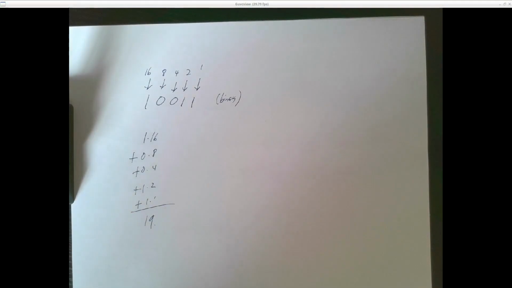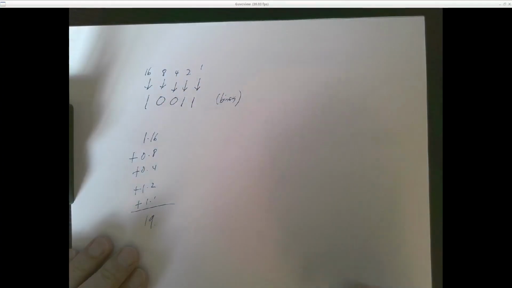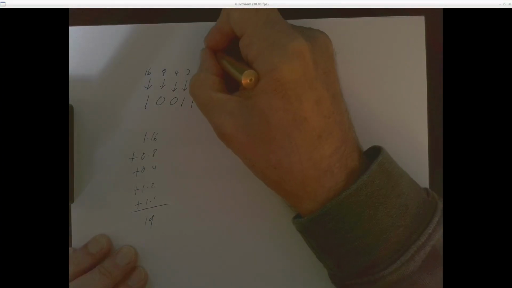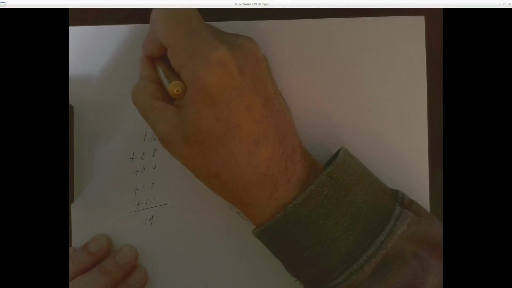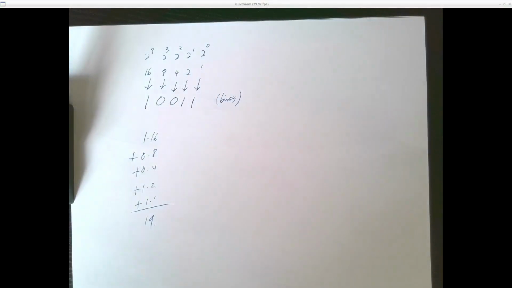And this is how numbers are basically stored inside most computers. Strings of binary digits, or what we call bits. Strings of ones and zeros. And again, this is 2 to the 0, 2 to the 1, 2 to the 2, 2 to the 3, 2 to the 4. Powers of 2 instead of powers of 10.